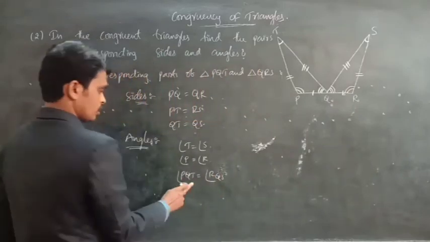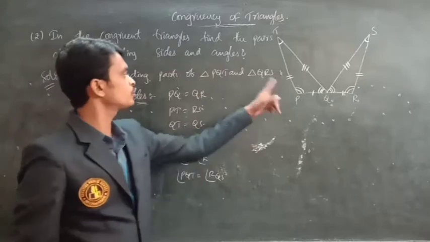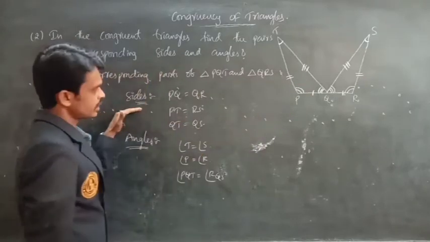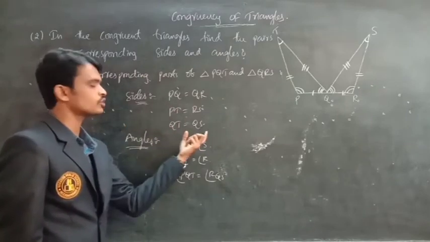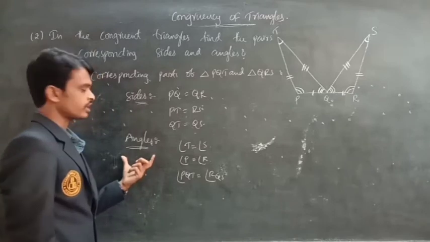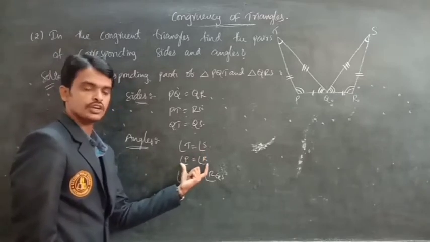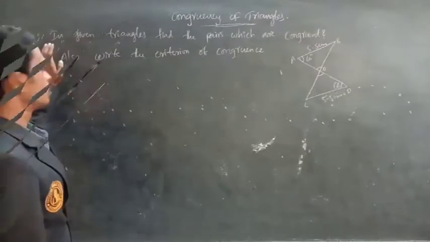So these are the corresponding parts of the congruent triangles PQT and QRS. Sides: PQ is equal to QR, PT is equal to RS, QT is equal to QS. Angles: angle T is equal to angle S, angle P is equal to angle R, angle PQT is equal to angle RQS.